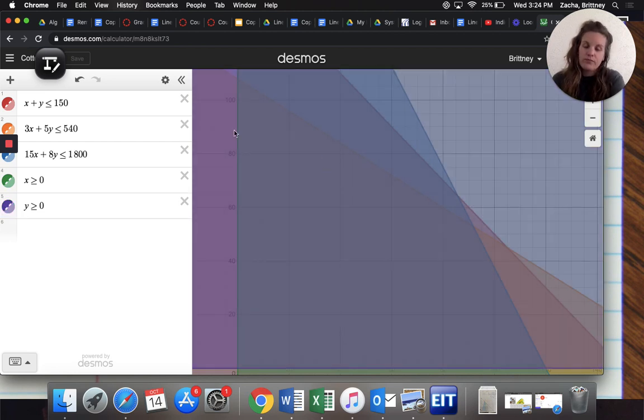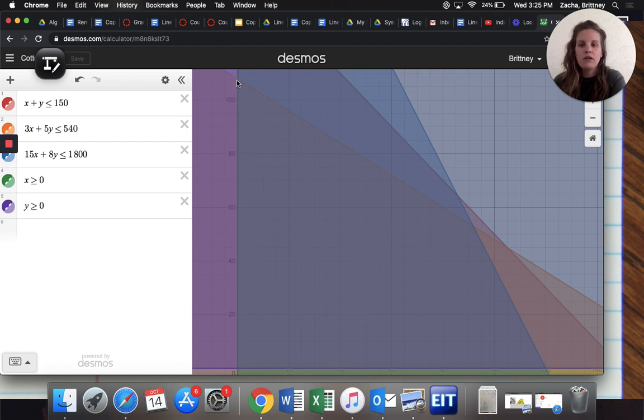So how you're going to set it up is with a system. Notice I've changed all my colors for each of my constraints to be a different color, because for this step in the process, it's going to be easier to figure out which two lines are intersecting if they're different colors. So we solve for intersection points by setting up a system.